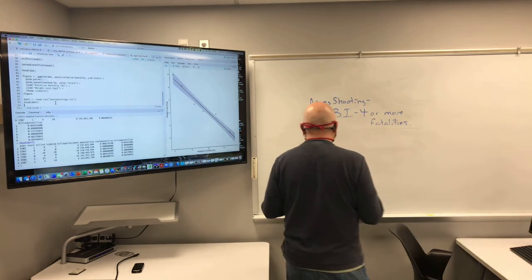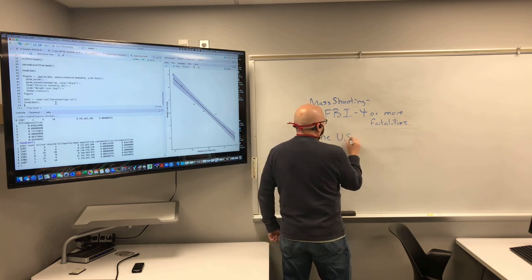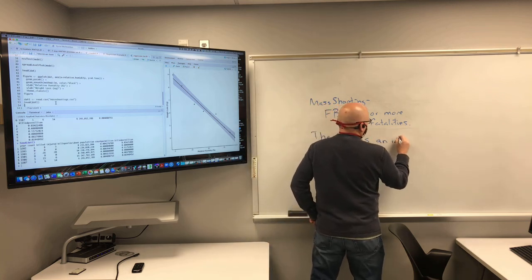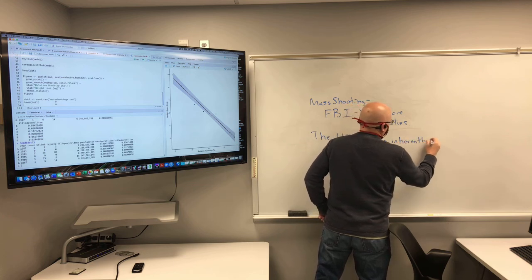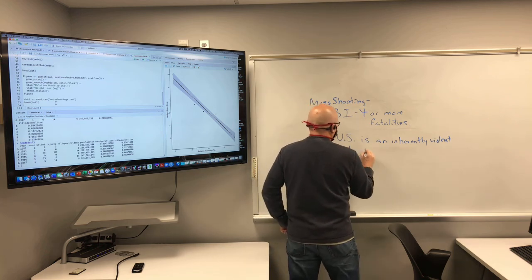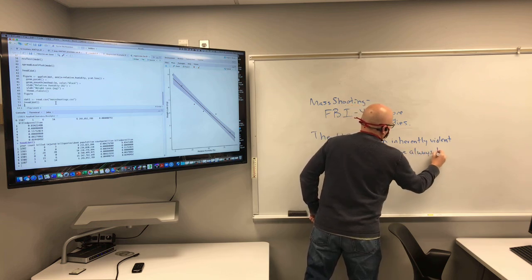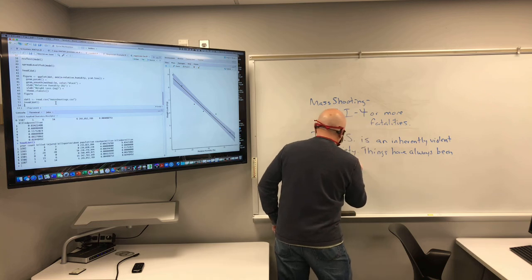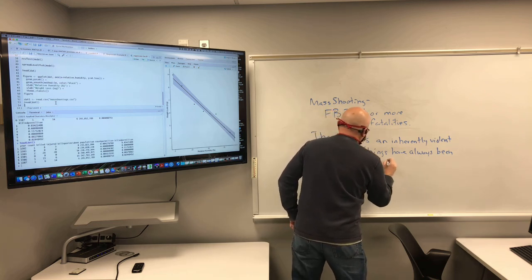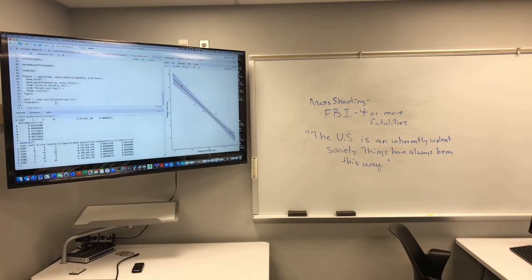What the politician said was something along the lines of this. The United States is an inherently violent society. We were founded in violent revolution, and this is just the way it's always been, et cetera, et cetera.